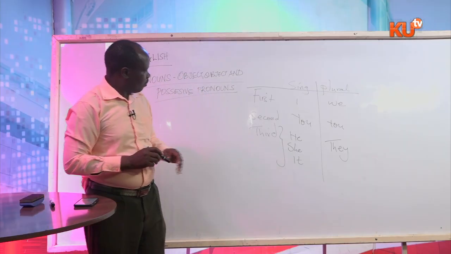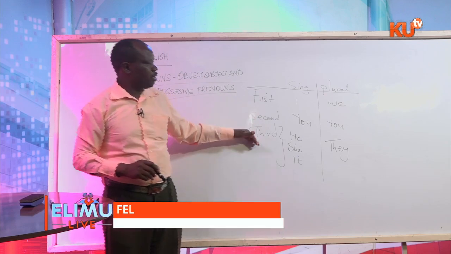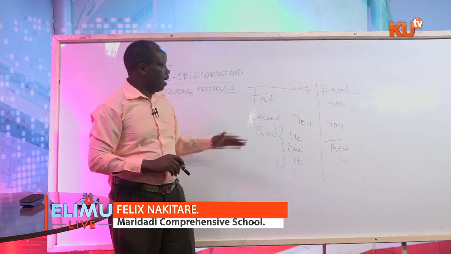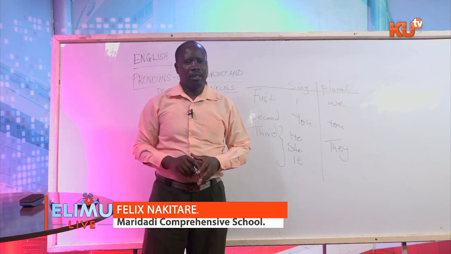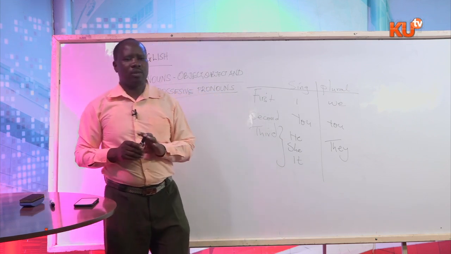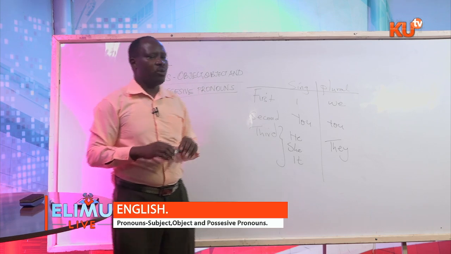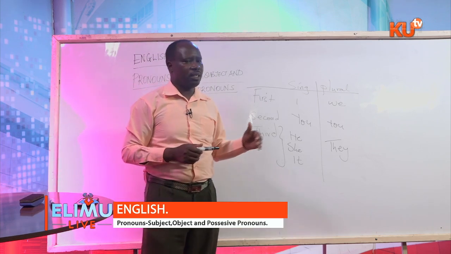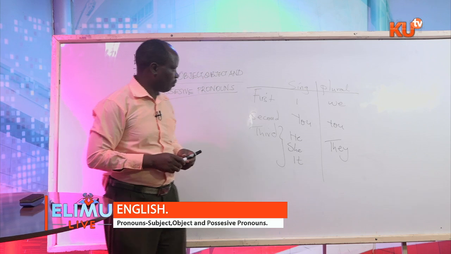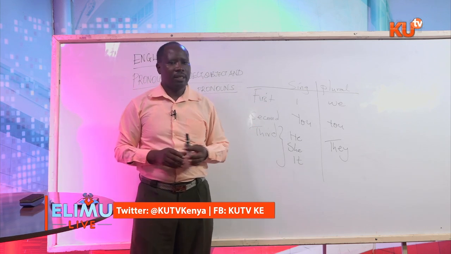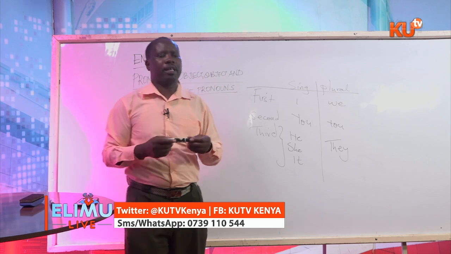The use of first, second, and third person in both singular and plural plays a very critical role in the types of pronouns that we are going to use, and we shall continuously be using as long as we use English. So take note, I repeat, first person means the person speaking.